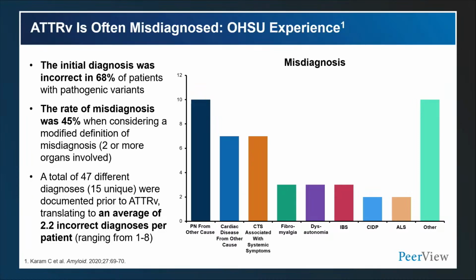The initial diagnosis was incorrect in 68% of patients, with an average of 2 incorrect diagnoses per patient. The most common misdiagnoses were neuropathy from other forms, either diabetic or idiopathic, cardiac disease from other causes, and as you can see, CTS with associated symptoms.